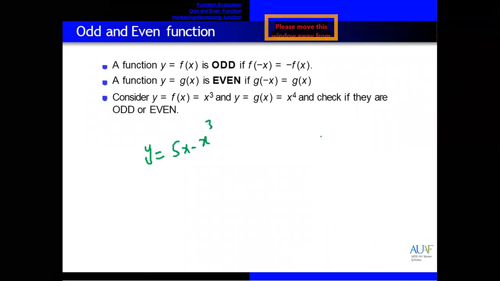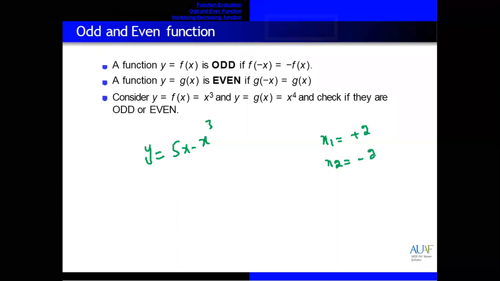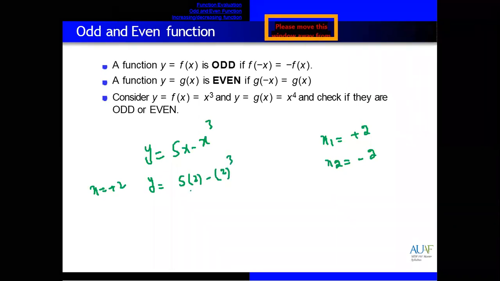Now we can select two numbers, x1 value and x2 value. x1 is plus 2 and x2 is minus 2. First, x is equal to plus 2. So y is equal to 5 multiplied by 2 minus 2 cube. So 5 multiplied by 2 equal to 10, minus 2 cube equal to 8. Result equal to plus 2.